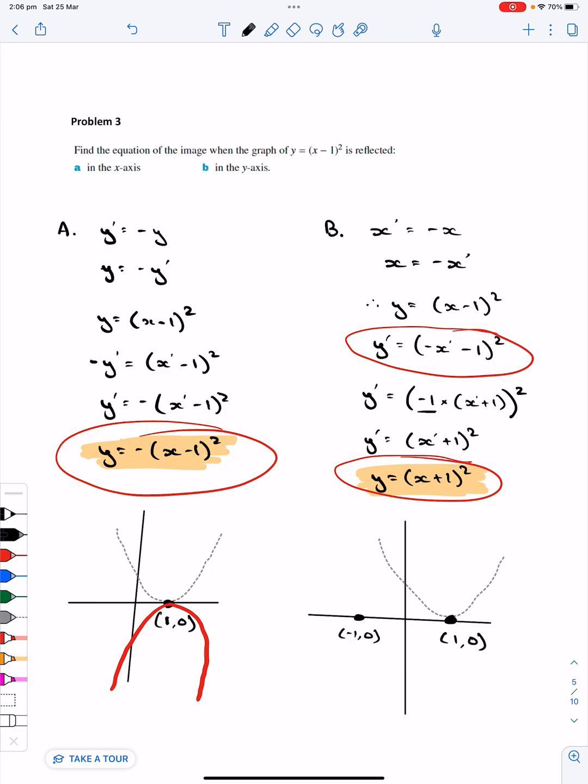It's still a positive parabola, so it is going to go up likewise. And as we can see, there's a reflection. So there's a definite reflection here in the y-axis, where in the last question, part A, there was a definite reflection in the x-axis.